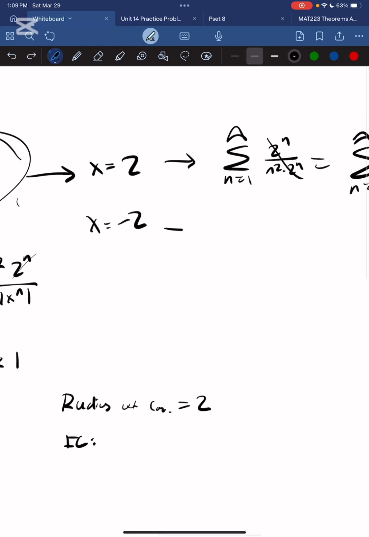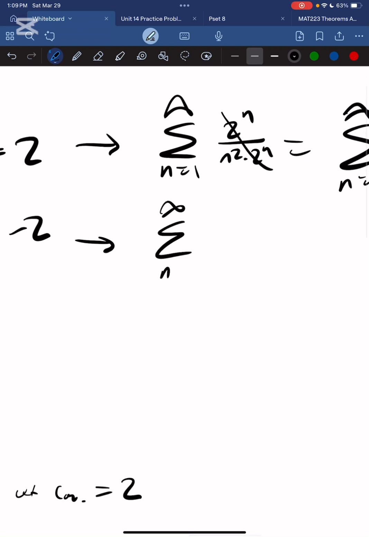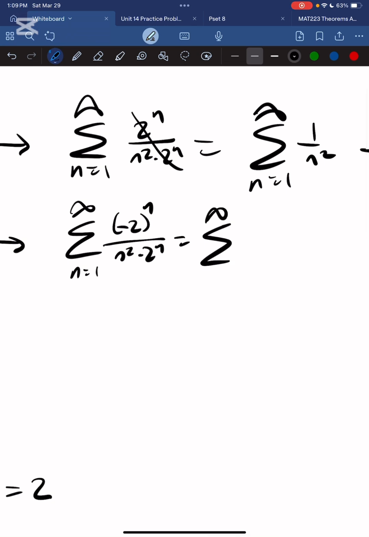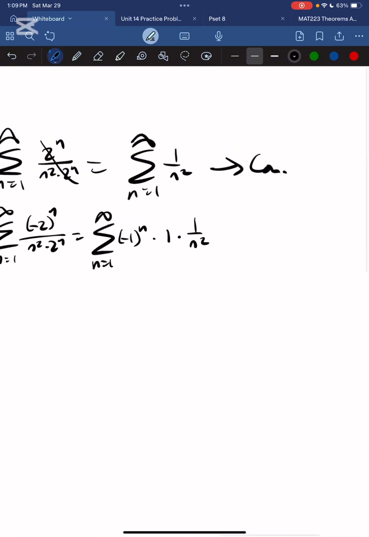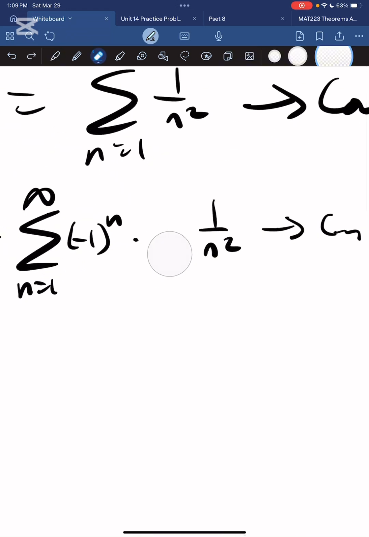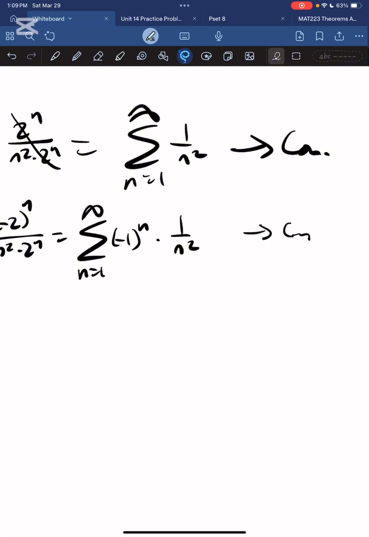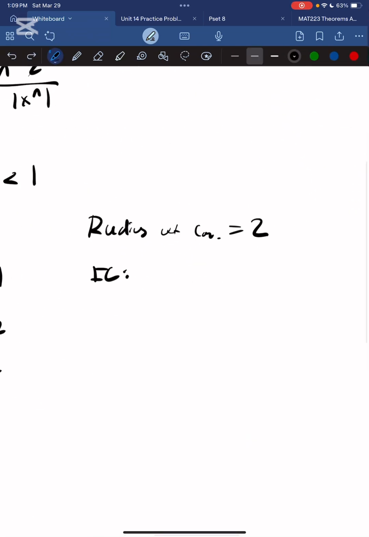Now at x equals negative 2, we end up getting negative 2 to the n over n squared times 2 to the n. This simplifies to negative 1 to the n times 2 to the n over 2 to the n, which cancels to 1, times 1 over n squared. And this is also convergent, because if 1 over n squared is absolutely convergent, this also has to be convergent. Great. So now we know the interval of convergence is negative 2 to 2, with both endpoints included.